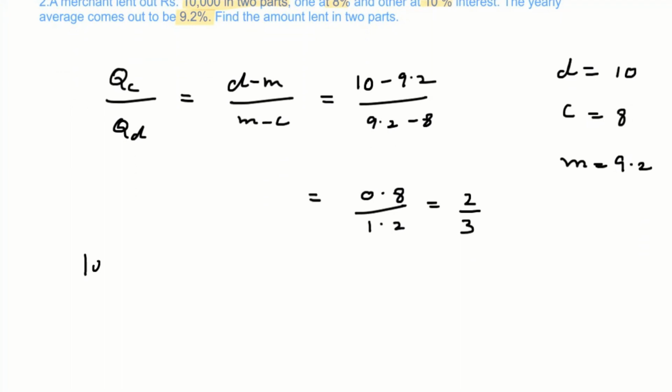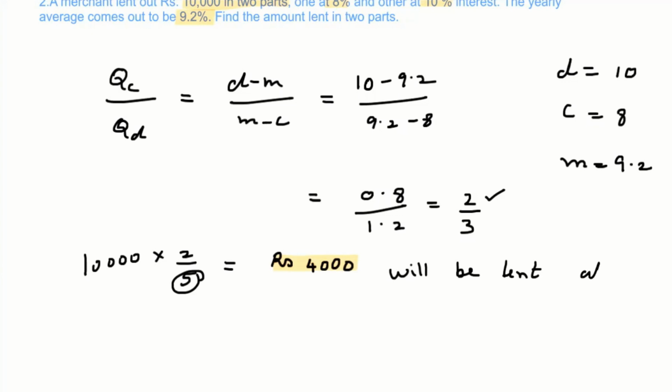So 10,000 rupees into 2 by 5, because the total number of parts is 5 only. So this becomes rupees 4,000. I say quantity of cheaper is 2 parts. So this 4,000 rupees will be lent at 8% interest.